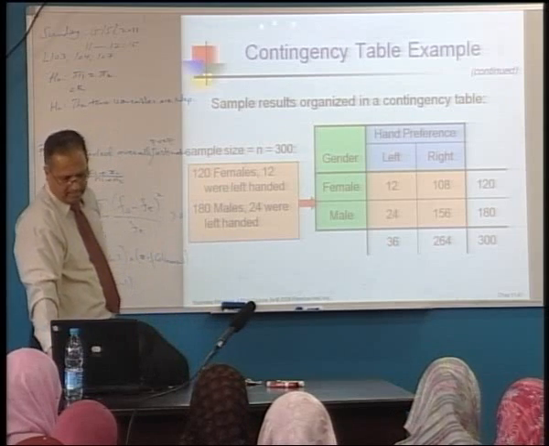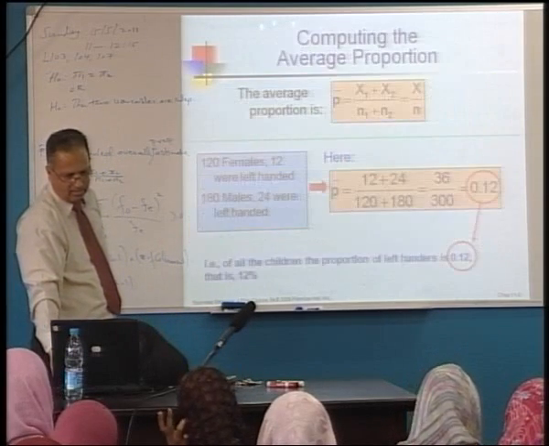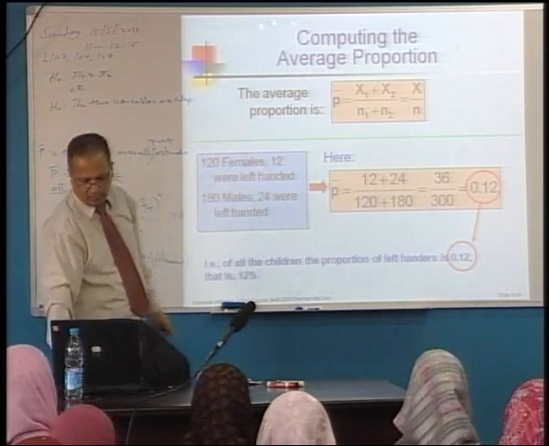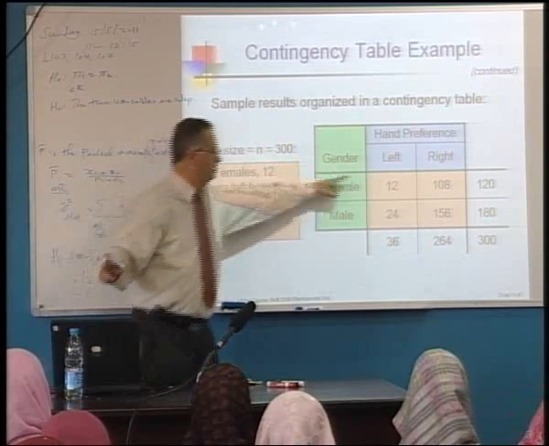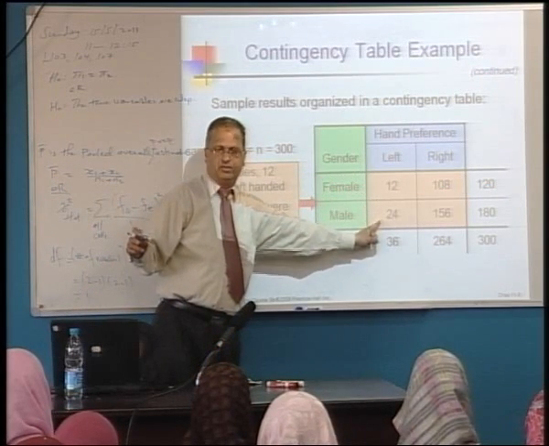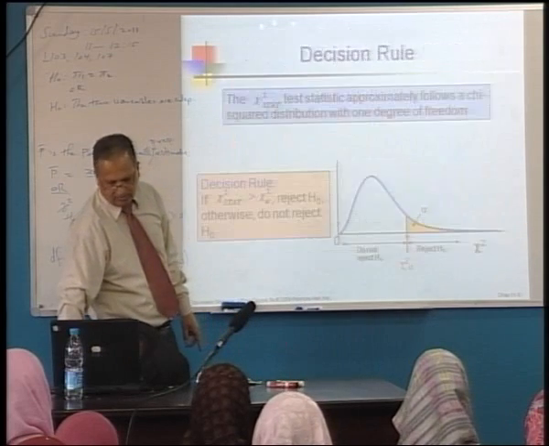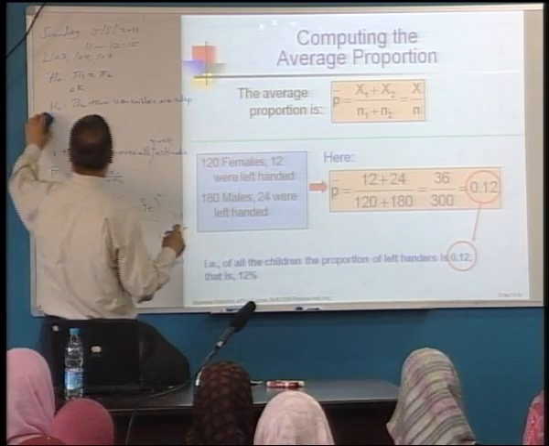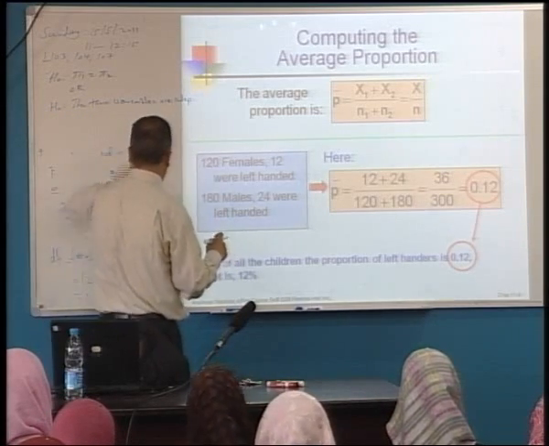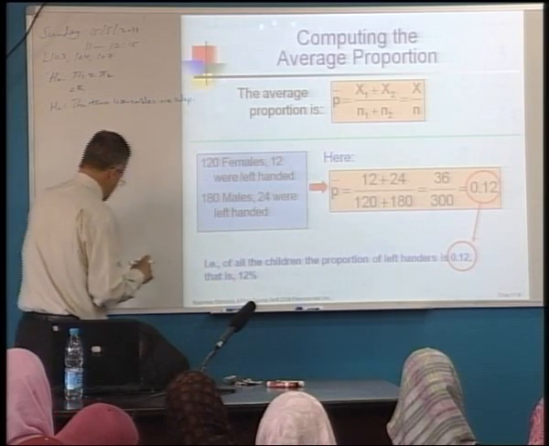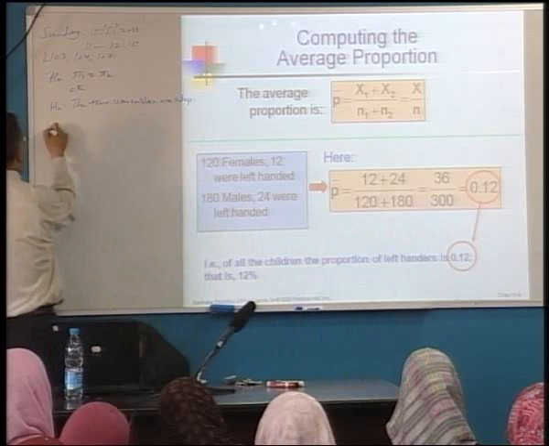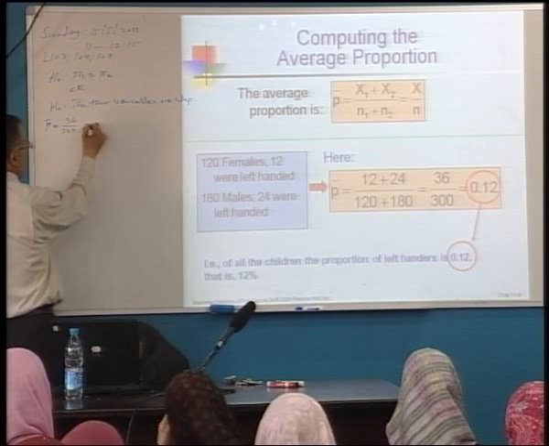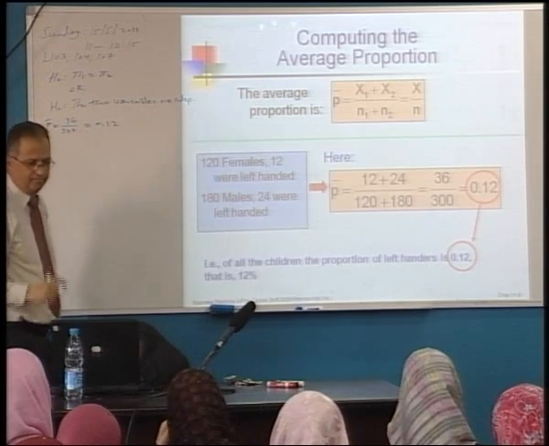Now, your p-bar is given by x1 plus x2 divided by n1 plus n2. x1 is 12, plus 24, divided by 300. That will give 12%. So let me just write this notation. p-bar equals 36 over 300, so that's 12%.